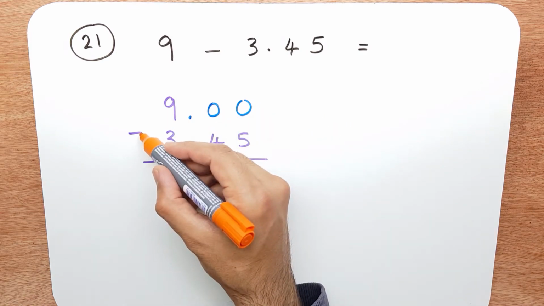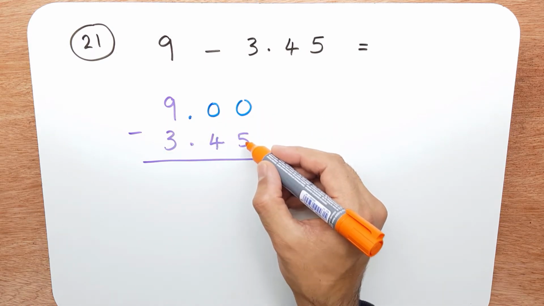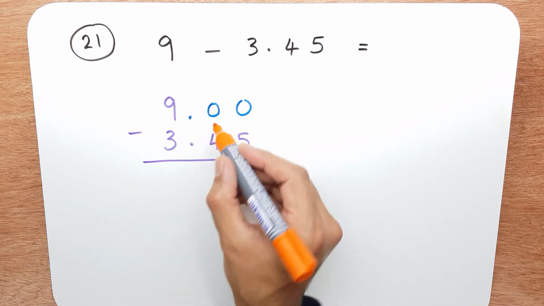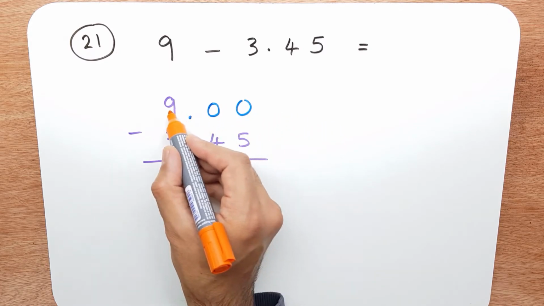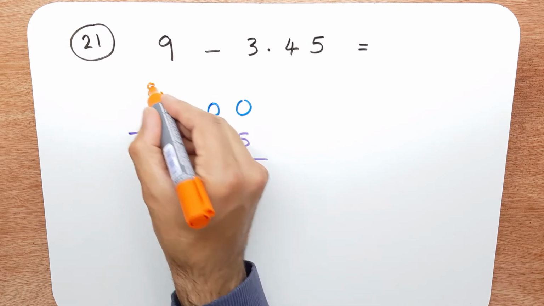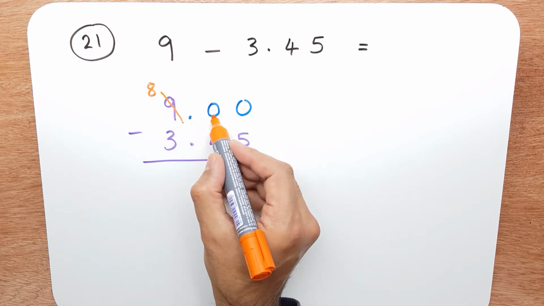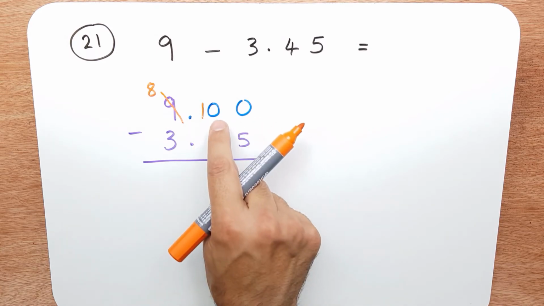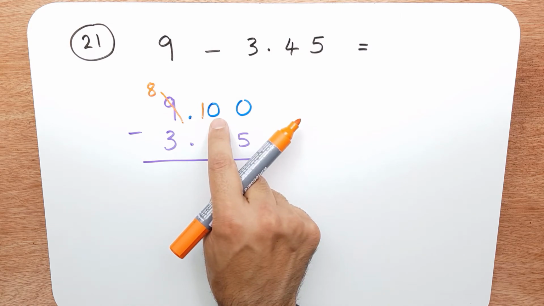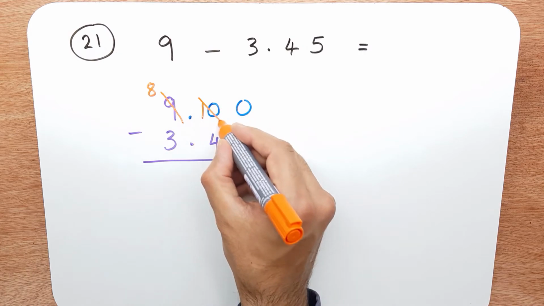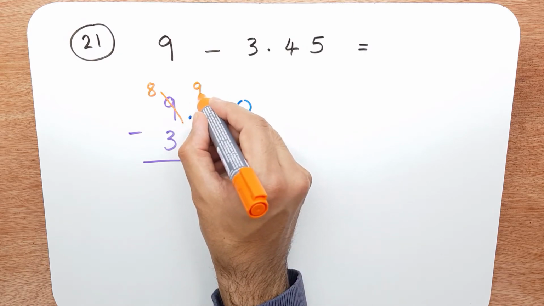Now we can do subtraction. 0 take away 5. We can't do that. So we go to the neighbour. The neighbour's got nothing. So this 0 has to go to the 9. You cross out the 9, it becomes an 8. And this 0 becomes 10. Now this 10 can lend this 0 1. So this 0 goes over, knocks on the door, turns the 10 into a 9.